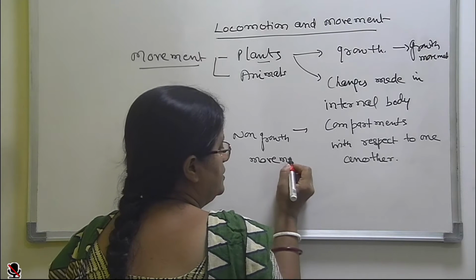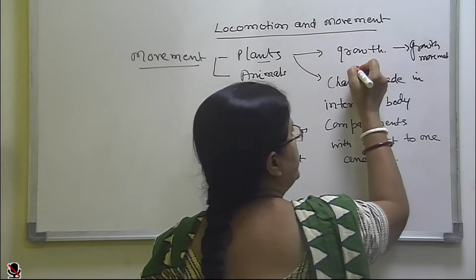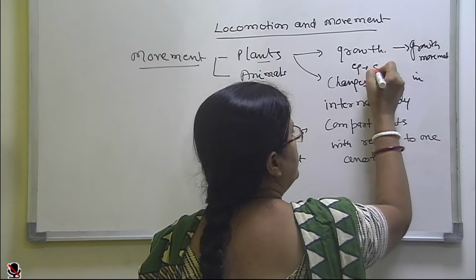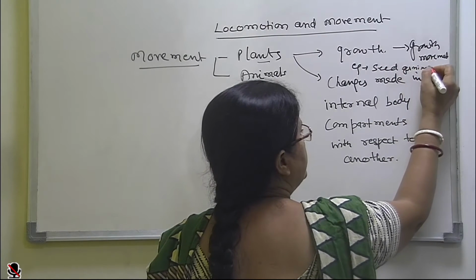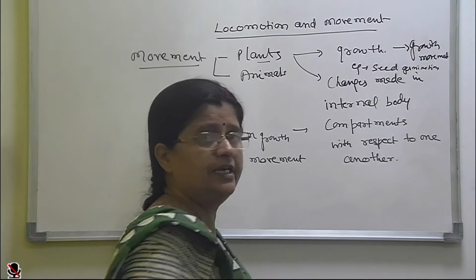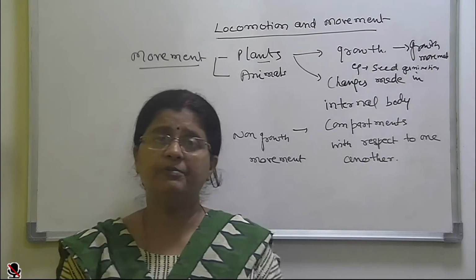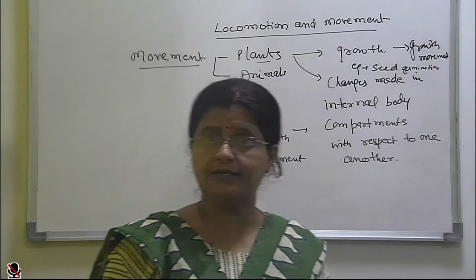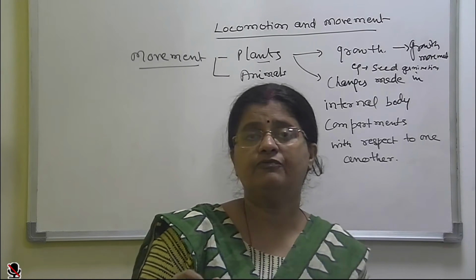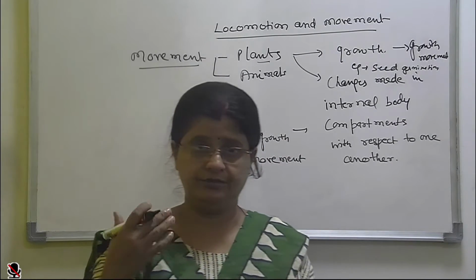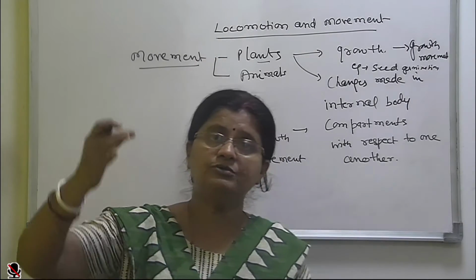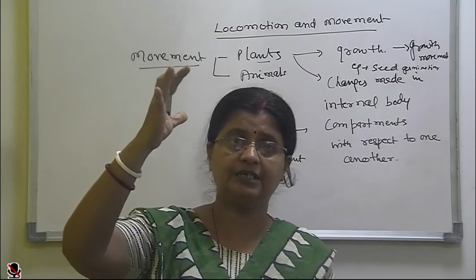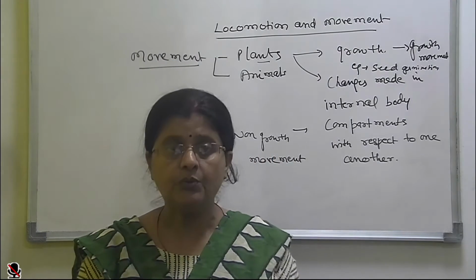An example of growth movement is the germination of a seed. When a seed germinates, there is development of the plumule and radicle. The plumule moves upwards, and the radicle moves downwards.